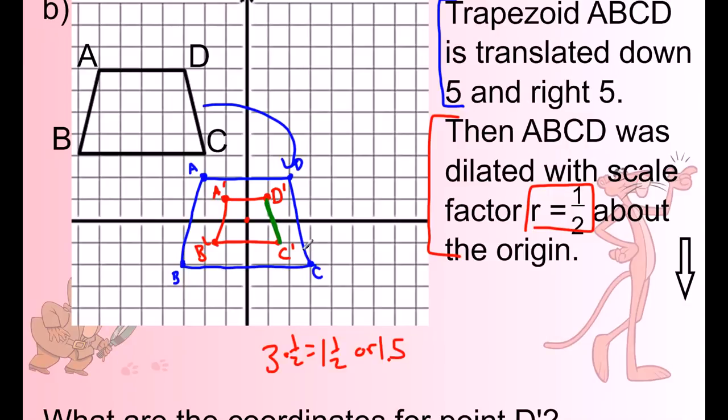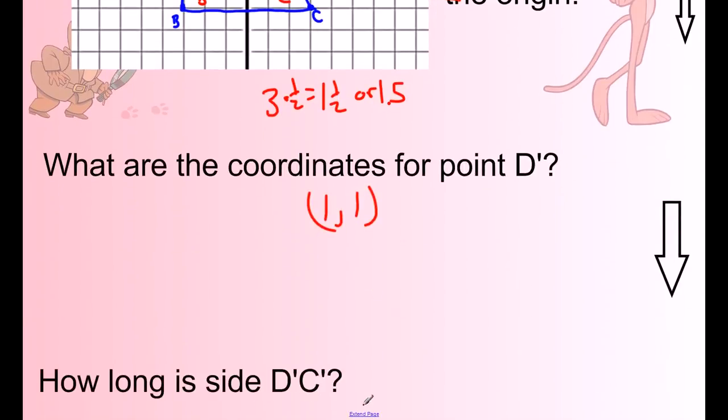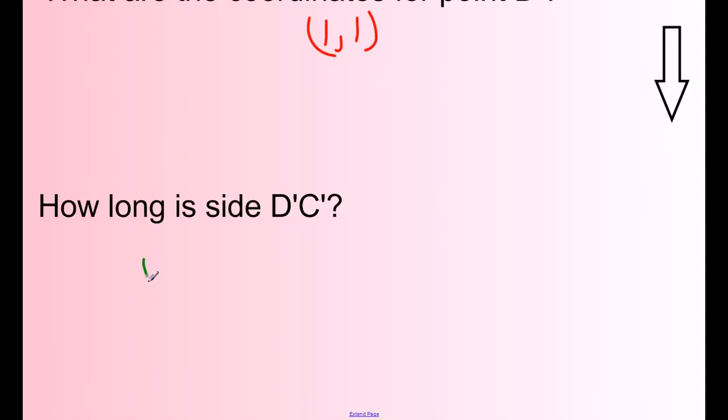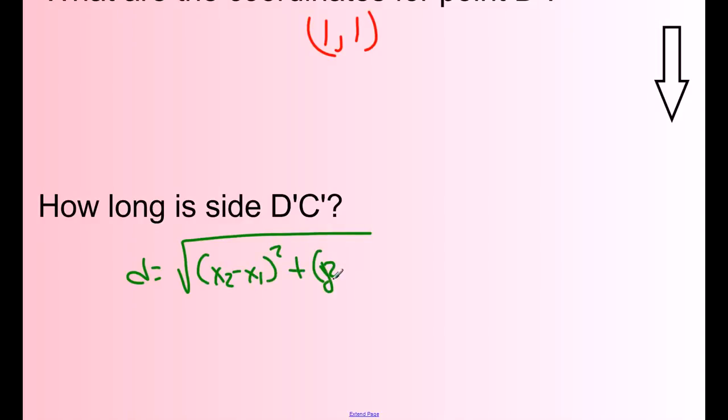Now, that's kind of a diagonal distance. There's two ways I can think of off the top of my head. I'm sure there's many more. One way is we can use the distance formula. You're trying to find out how long something is in a coordinate plane. The distance would be the square root of x2 minus x1 squared plus y2 minus y1 squared.